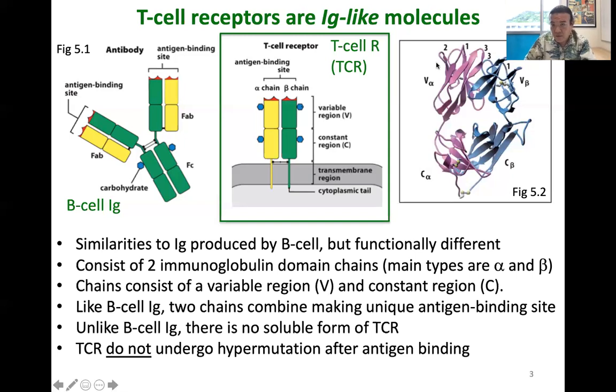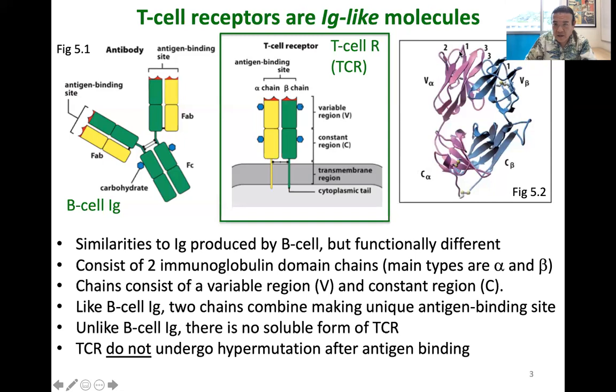On the right is a more realistic ribbon diagram model of a T cell receptor. So the purple one on the left is the alpha chain. Here's the variable region of the alpha, the constant region of the alpha. And on the right, the blue one is the beta chain. So you have the variable and the constant.